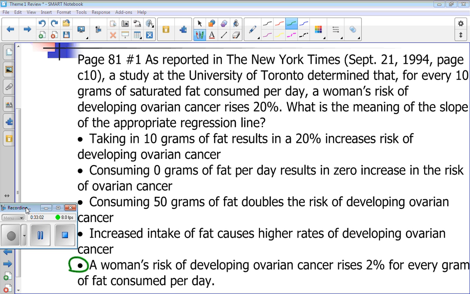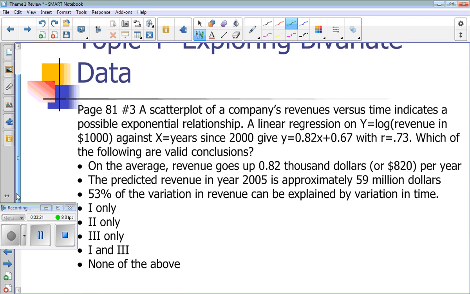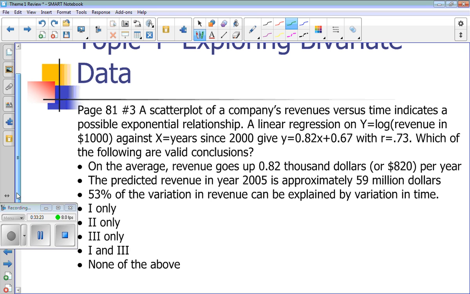Can you, in the context of a question, interpret what the slope is? Okay, the meaning of the slope, and that's what it was here. The next question, the answer was, ooh, what do y'all think of the next one? The answer was 2.